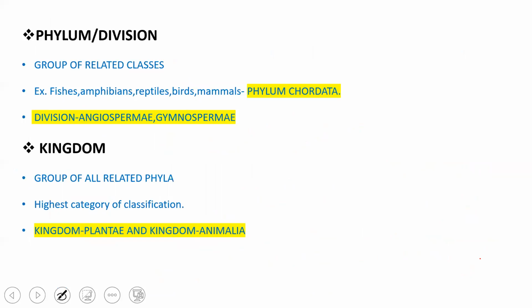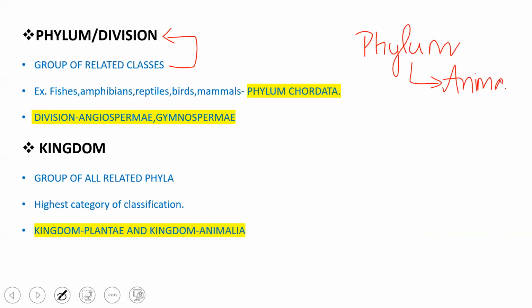We know that a group of related classes constitutes the phylum or division. As I told you, phylum is used with regard to animals. We don't use it as division, but we use it as phylum with regard to animals, and division with regard to plants.